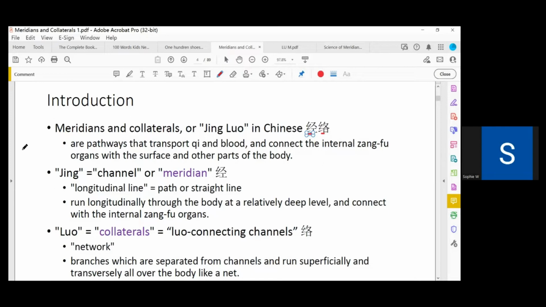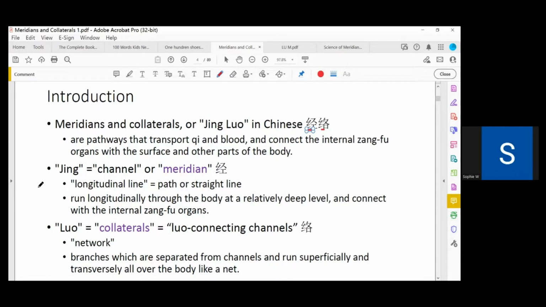We also have vessels. Jing channel or meridian: some books call it meridian, some call it channel. When you say channel or meridian, they are talking about the same thing.